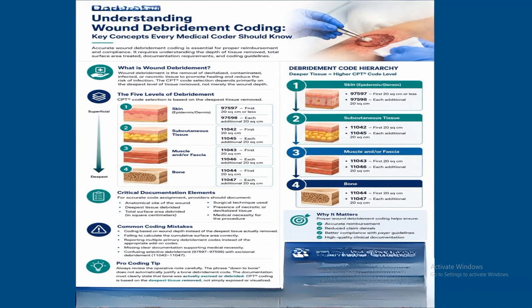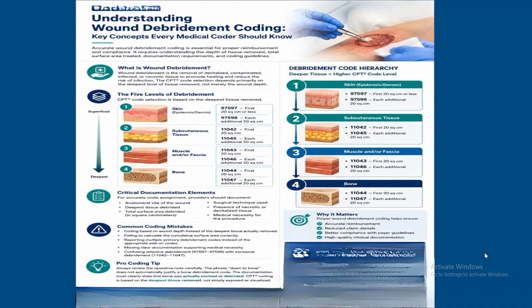But some coders will code 11044 three times for 45 square centimeters, and that is not correct. So you need to code 11044 once and 11047 twice.